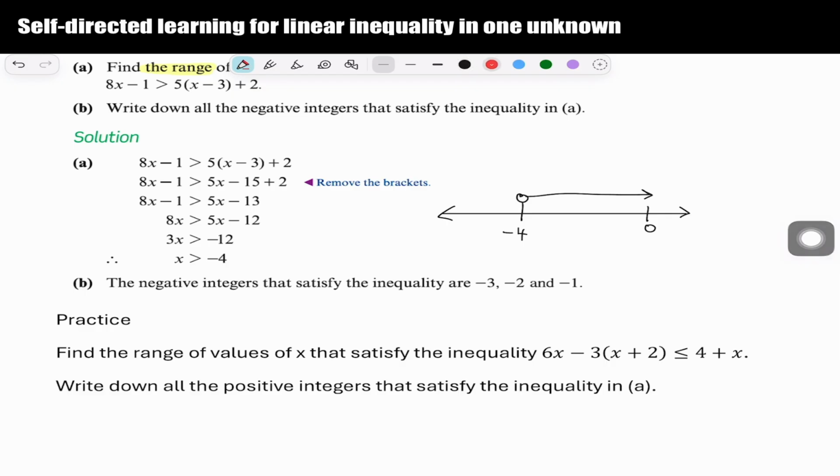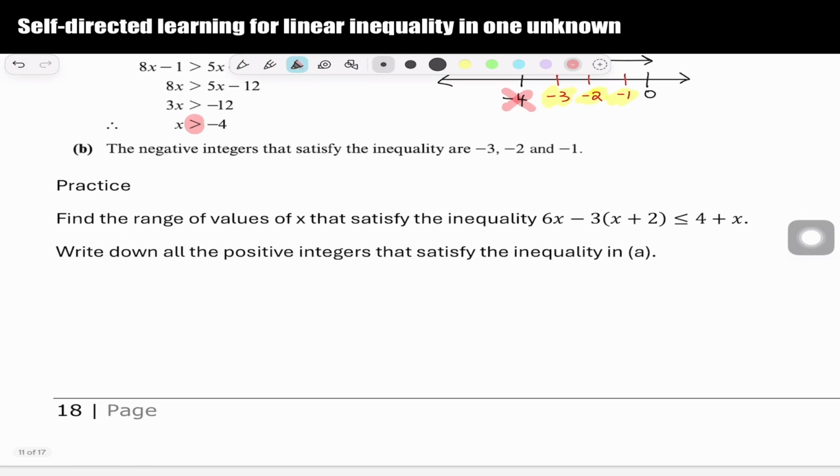Now we just want to look at the negative integers. Therefore, -3, -2, and -1 fit in, but -4 does not fit in, because this is not an equal sign, so this is hollow. So the range does not cover -4.